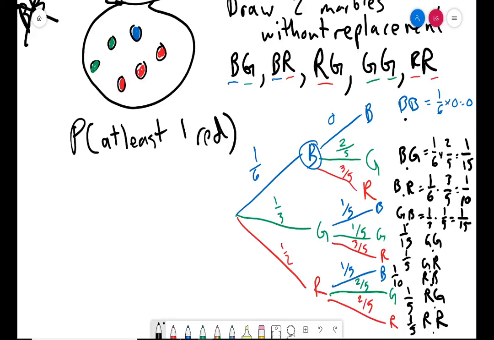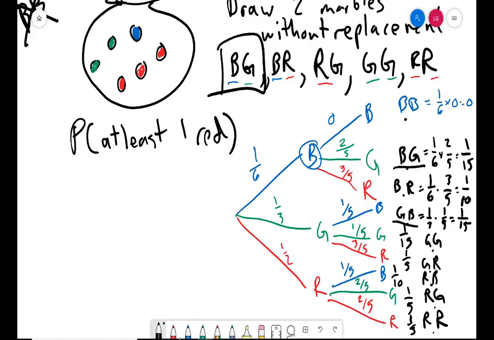in the sense that yes, it matters in the calculation that we drew the blue first as opposed to second, and the green second as opposed to first, or vice versa. But for our purposes, BG, this one, is the same as GB. Now, that doesn't mean that those outcomes shouldn't be considered separately in their calculation.